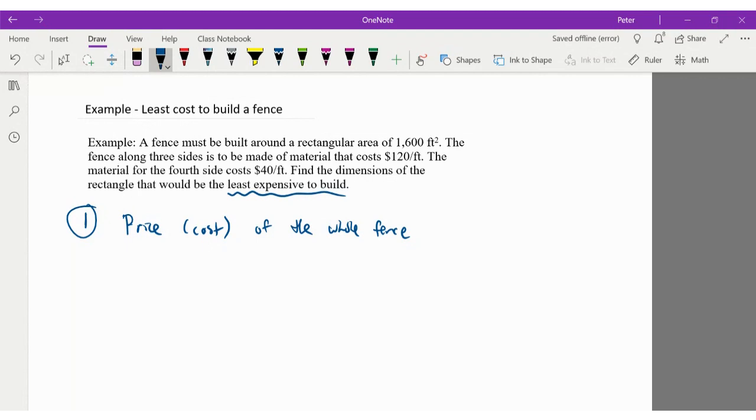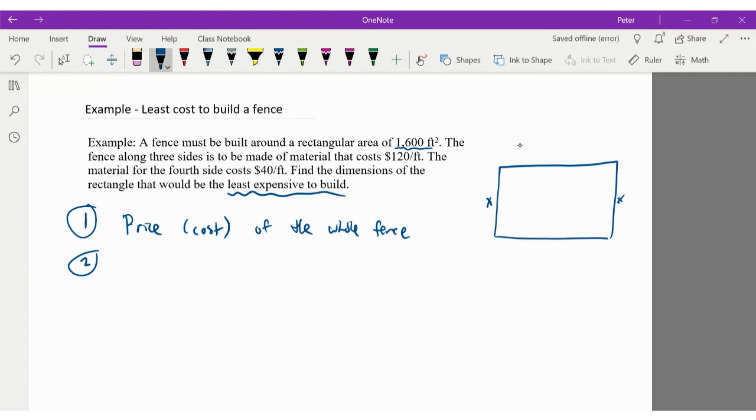And we also have to meet the constraint that the area of the rectangle still has to be 1,600 square feet. So let me show you how to do this. If I draw this diagram like this, I know I'm doing this backwards.